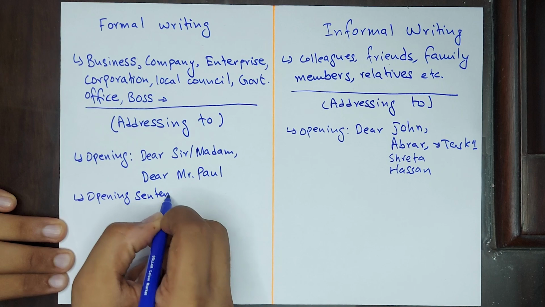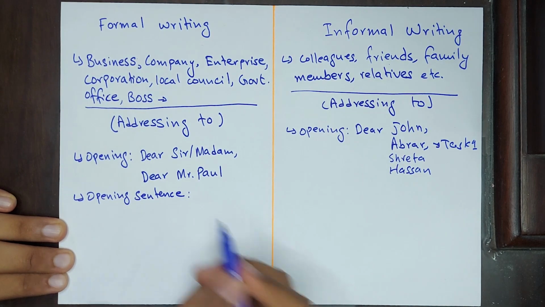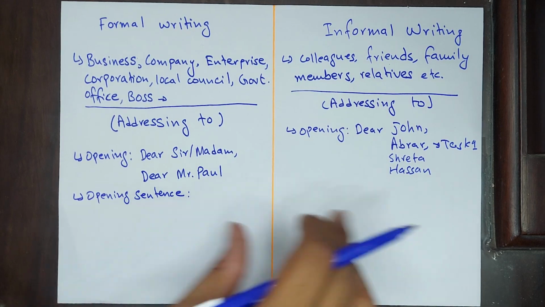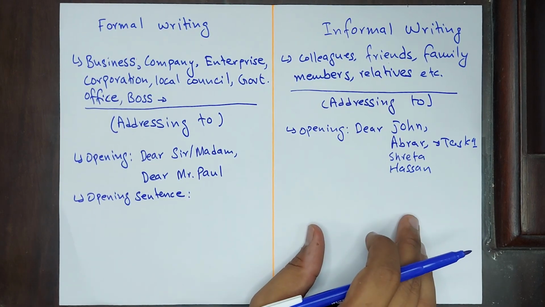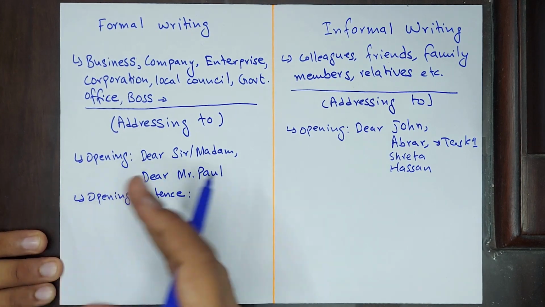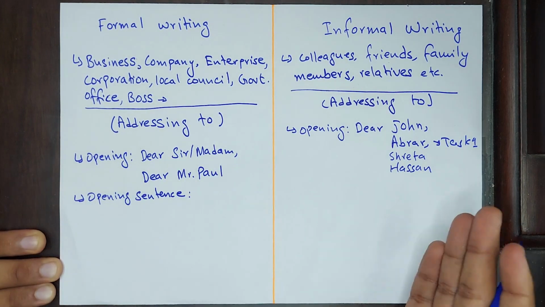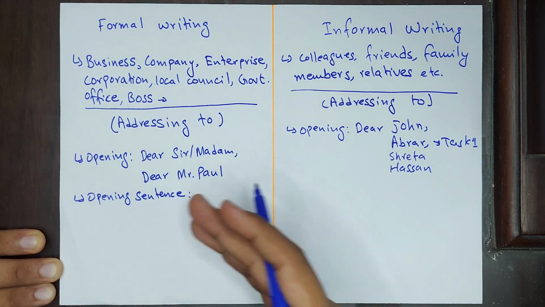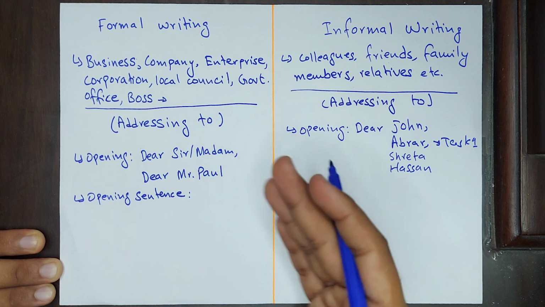Okay, then comes the opening sentence. The opening sentence is going to be a bit professional for formal, and it can be informal here. For formal, it is going to be something like, "I'm writing to express my satisfaction or my dissatisfaction. I'm writing to launch a formal letter of complaint."